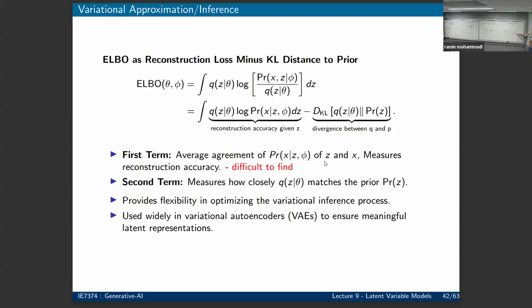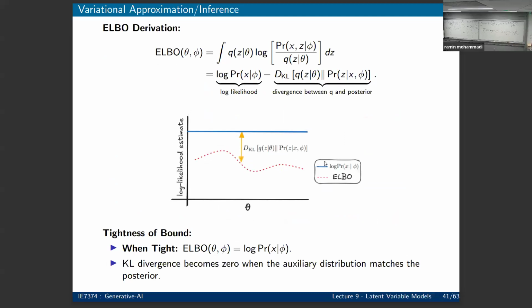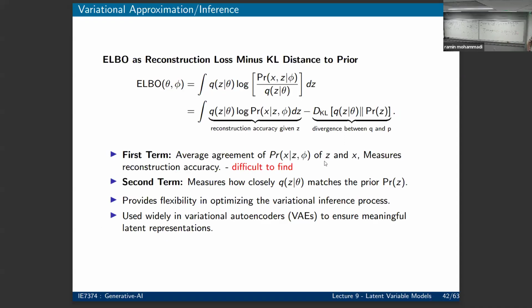In the previous scenario, it was a KL divergence between Q and the posterior of Z. Here we focus on the prior of Z. There's a difference in what we are basically caring about.